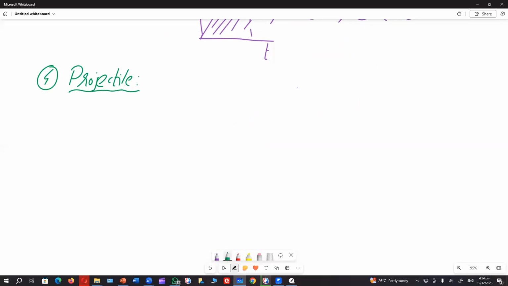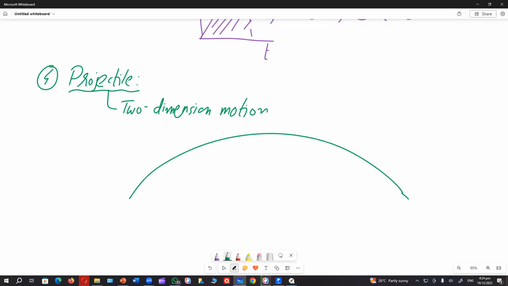Now I talk about projectile. Projectile, the first concept here, is an example of a two-dimension motion. This is a trajectory of a projectile like this. When you launch a projectile, this is velocity, this is theta, and you make a cut.